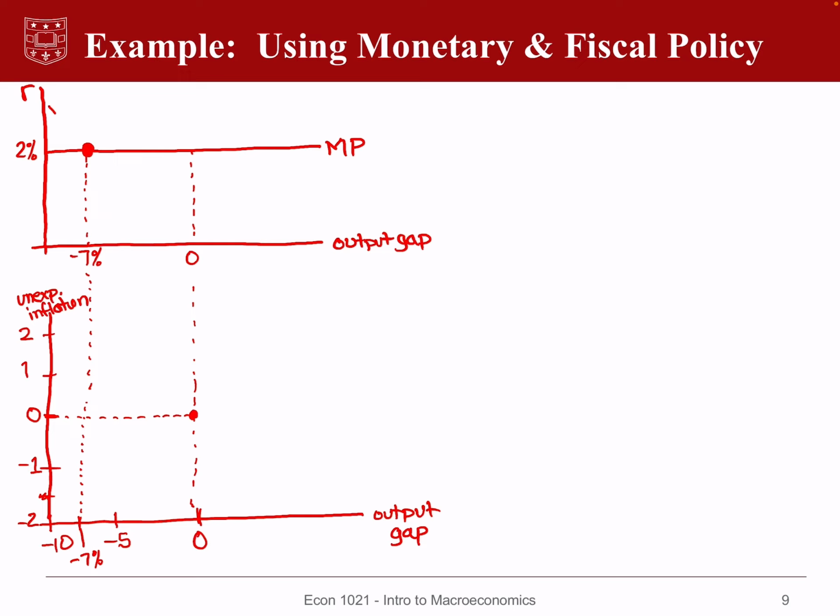So we'll draw in the IS curve. So this is our initial IS curve. And again, we have the same kind of observations that we had before. Let me draw in the Phillips curve.